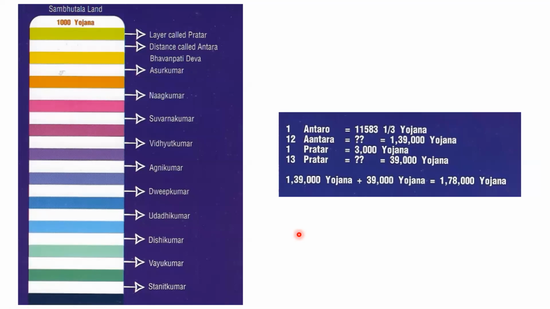Between the Antra, there is a layer of Pratar, and this Pratar is 3,000 yojans. So in the first Narkavas, you have Antra, Pratar, Antra, Pratar, and so on. Antra is the place where all the Bhuvanpati Devs live, and the Pratars are the places where the Narki Jeevs live. There are 13 Pratars, and in these 13 Pratars the Jeevs of Narki live.